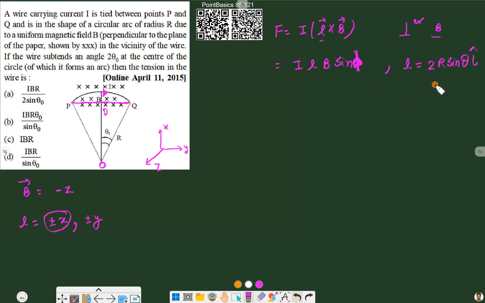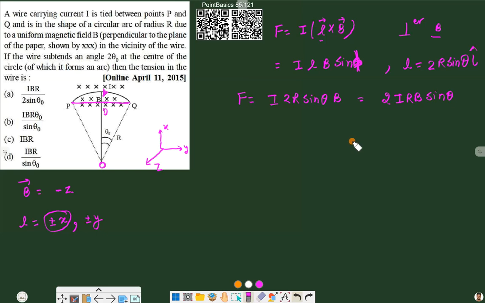So these two angles are different. Here phi is 90 degrees. Why 90 degrees? Because length is in x and magnetic field is in the negative z direction. So the total force comes out to be, sine 90 will be 1, and we will have I 2r sine theta into B. So we can say 2IrB sine theta.